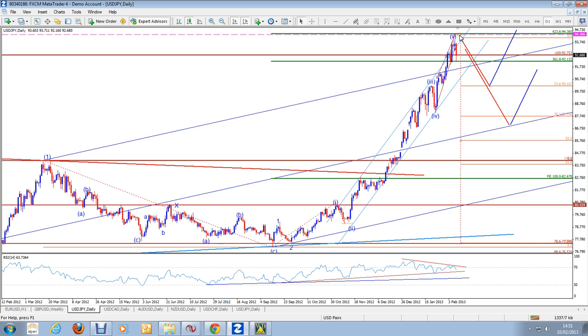Although I've only put a leg down and up, actually the leg down is going to be A, B and C. That's what we're going to see, and in that process it's going to march out some time. So we'll get an ABC decline, whether it comes to 90 or whether it comes to 88. But that's what the dollar yen is saying.